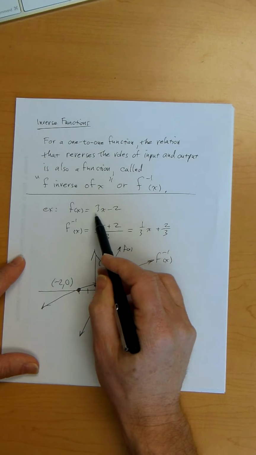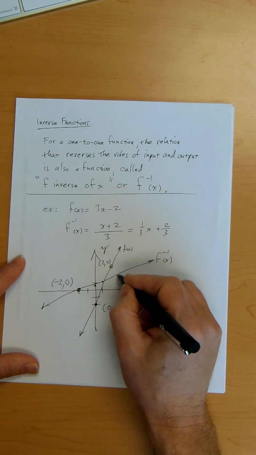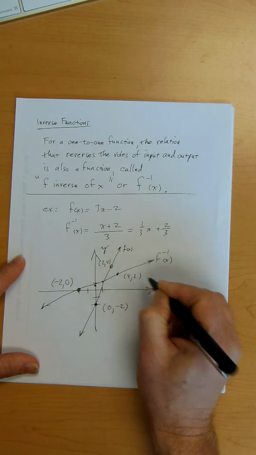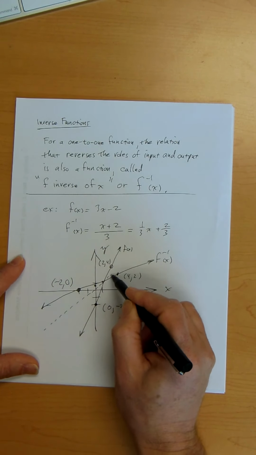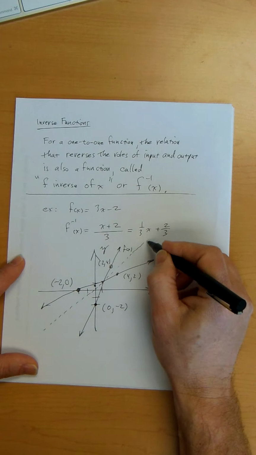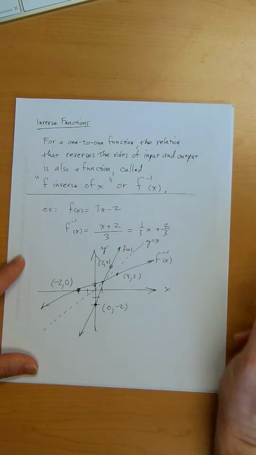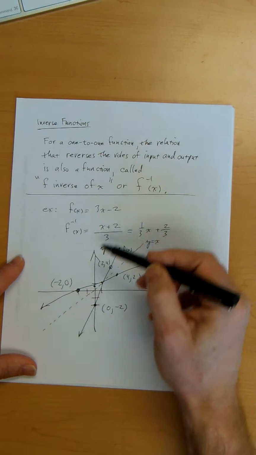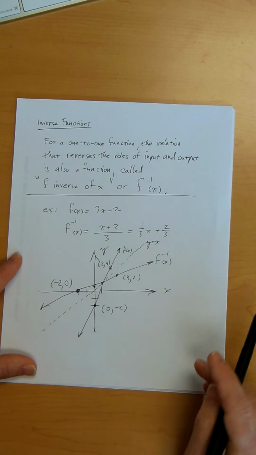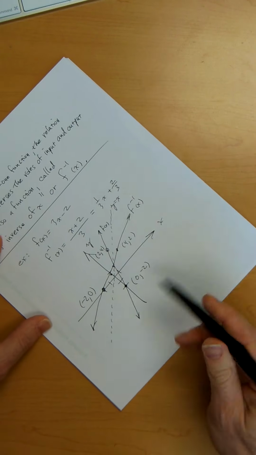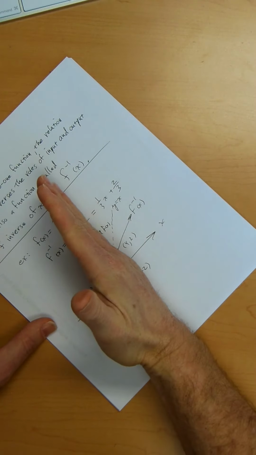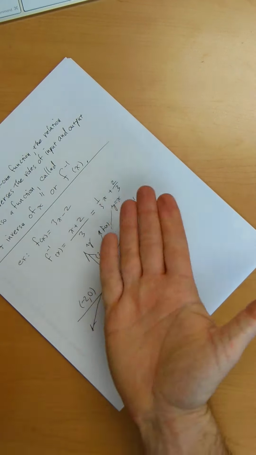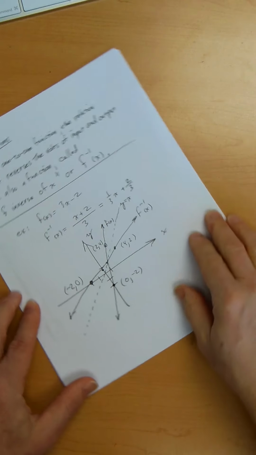Input 2 and you get 6 minus 2 is 4, yeah. So (4, 2) will be a point on the inverse. And interestingly enough, what this means is that if you just look at the line y equals x, a function graph and its inverse will be balanced on that line. So if I have that line straight up and down, here's f. f inverse will just be the reflection of f across that diagonal line.